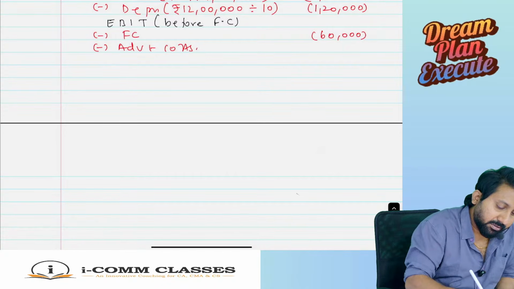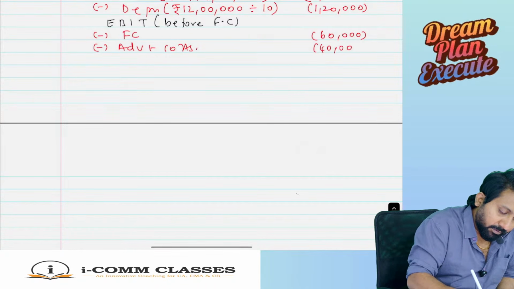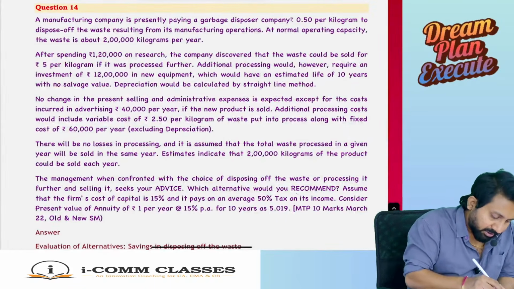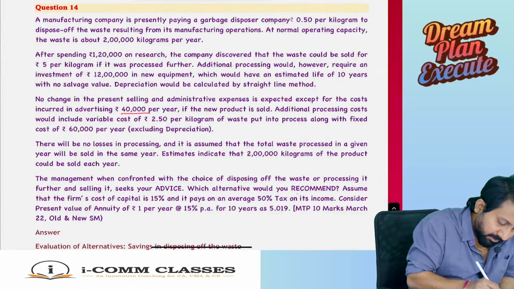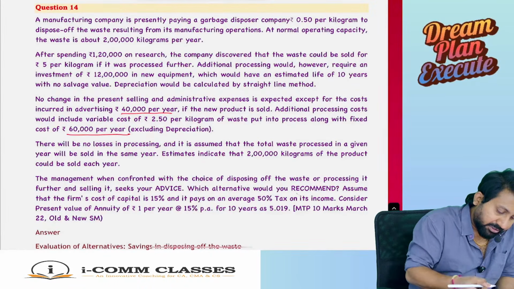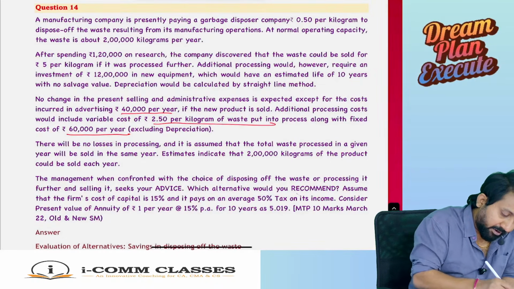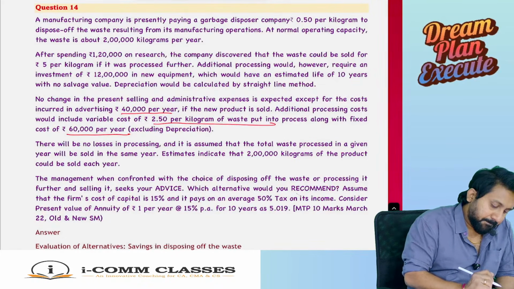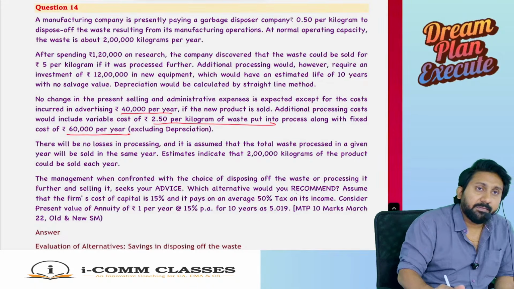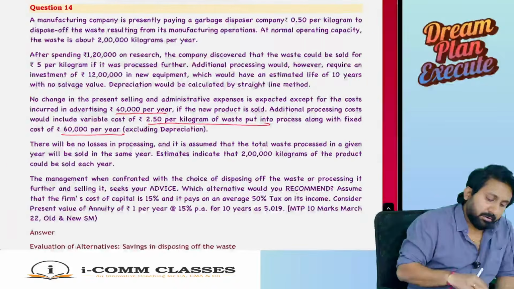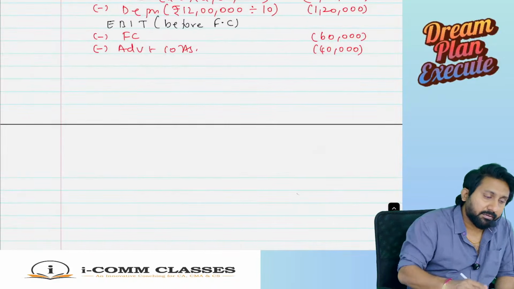Tell me how much? 40,000. See the question. New product advertisement cost is 40,000. Up to here, everyone understood?